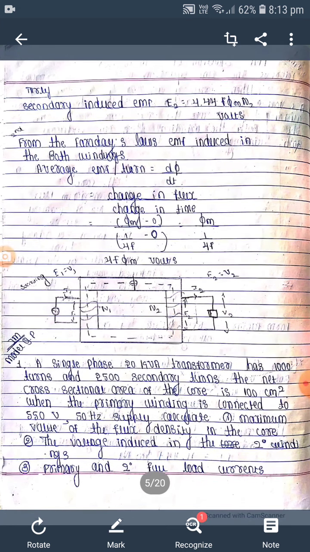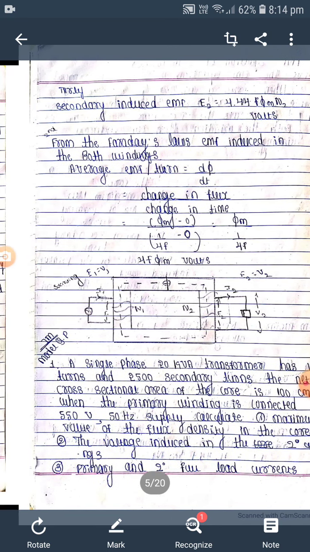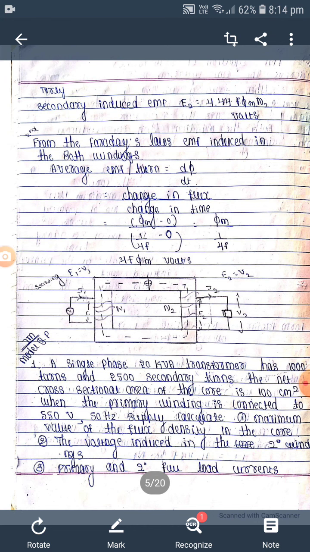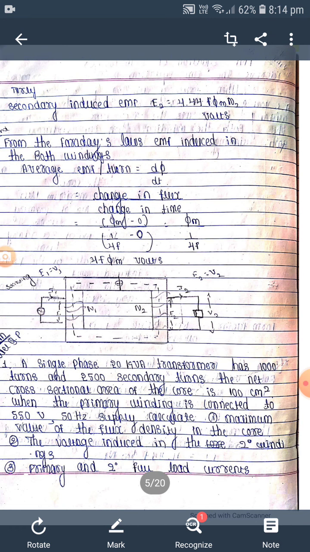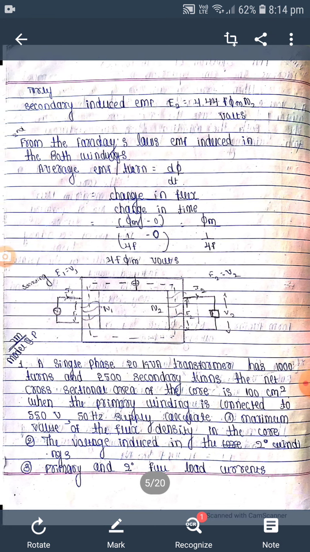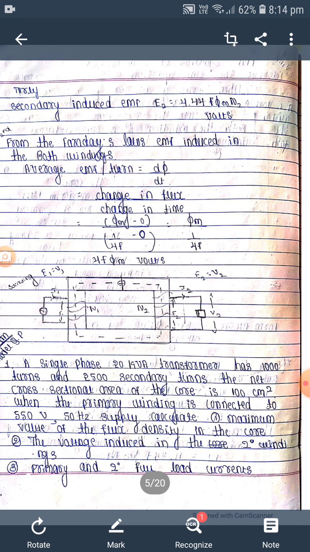Let us take one problem. A single phase 20 kVA transformer has 1000 primary turns and 2500 secondary turns. The net cross sectional area of the core is 100 cm square.